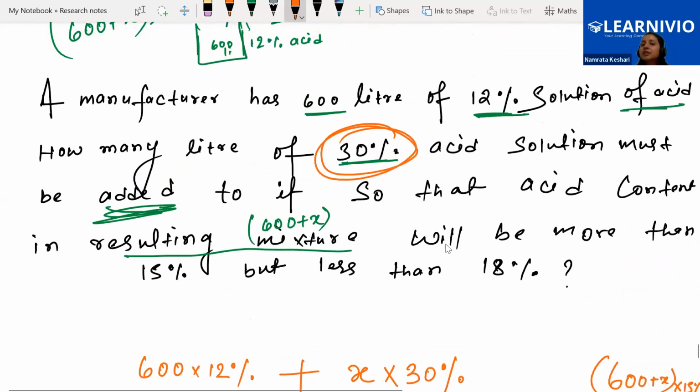A manufacturer has 600 liter of 12% solution. How many liter of 30% acid solution must be added to it so that the acid content in the resulting mixture will be more than 15%?